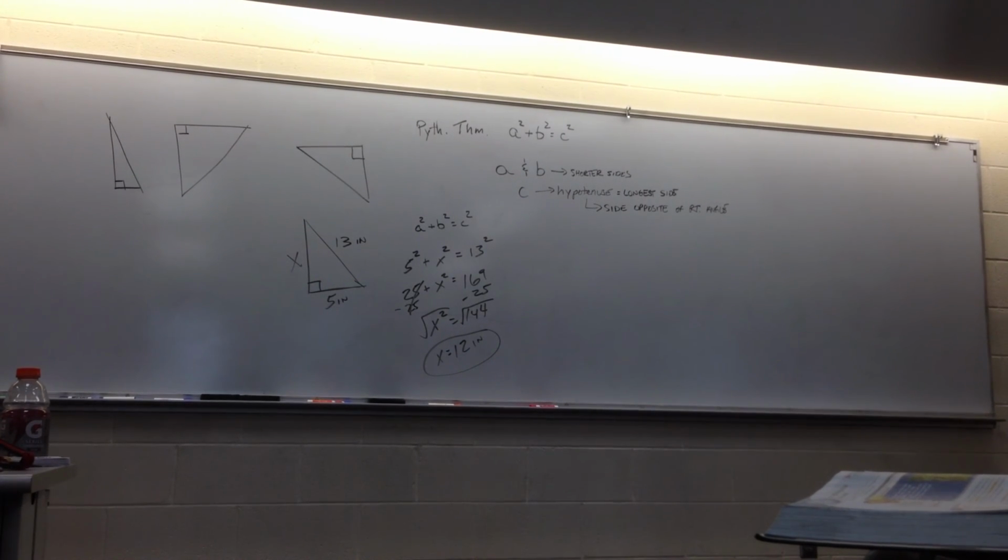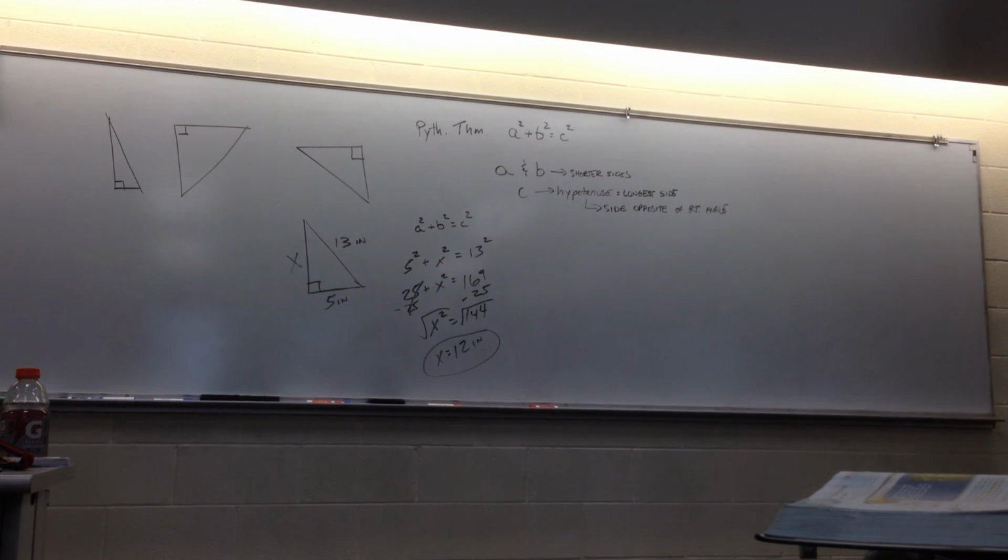Conditionals have 2 parts, a hypothesis and a conclusion. The hypothesis is the first part after the word if, so in this case, the hypothesis is an animal is a horse. The conclusion is the part after then, so in this case, the conclusion is it has 4 legs.